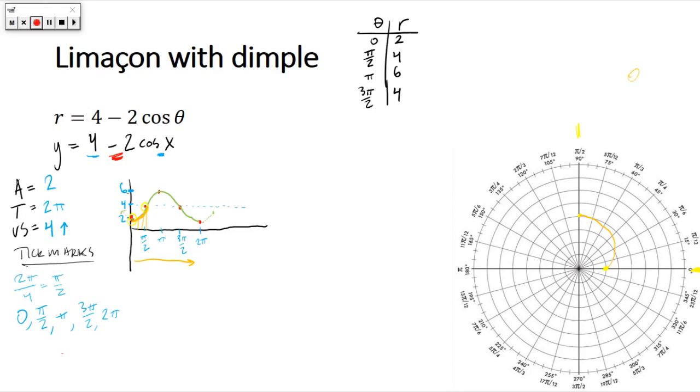Okay, and if you actually notice, it gradually gets bigger. So it's actually going to do one of these, and we'll clean this up later. But after we're at pi over 2 and 4, we'll end up going from pi to 6. So here's pi, and we go 6 in that direction: 1, 2, 3, 4, 5, 6.